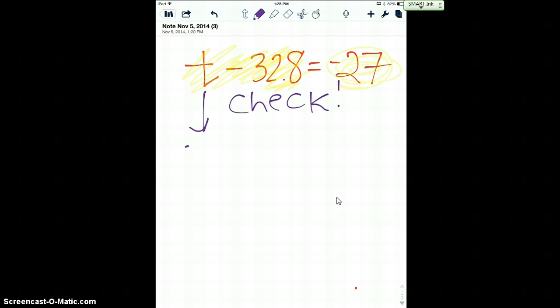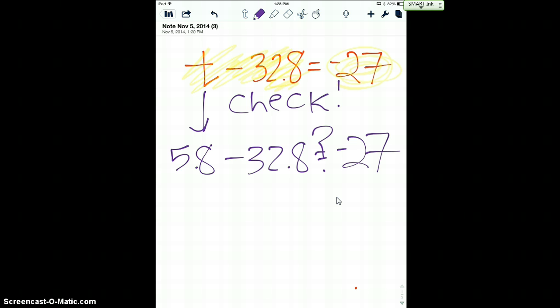Instead of t, I'm going to put 5.8 minus 32.8. And we are questioning it, deciding, do we think it's negative 27? In order to do this, I'm going to have to subtract those two to see if I actually get this number. So, on the number line, where am I headed?